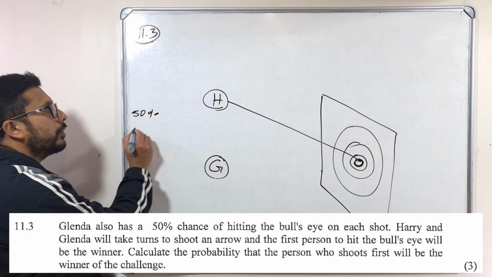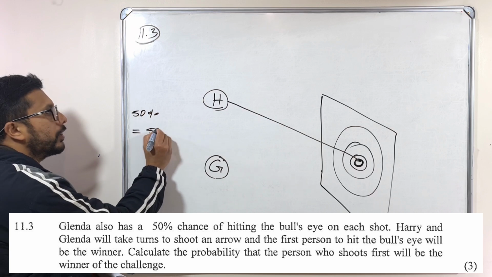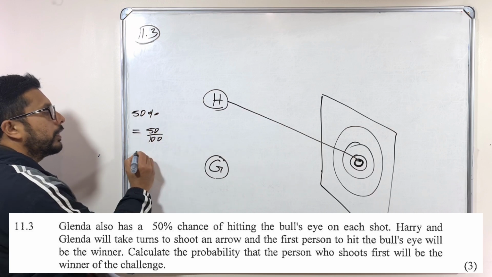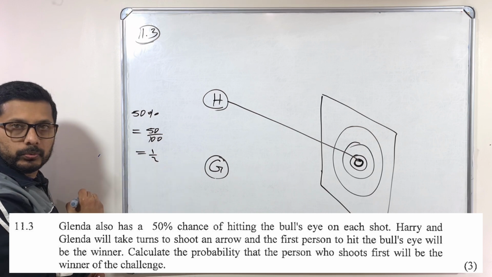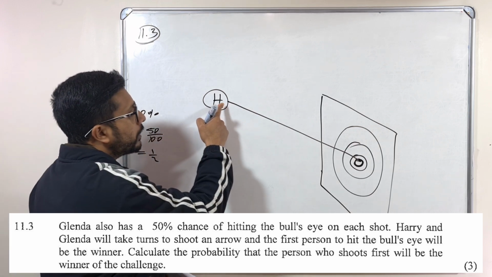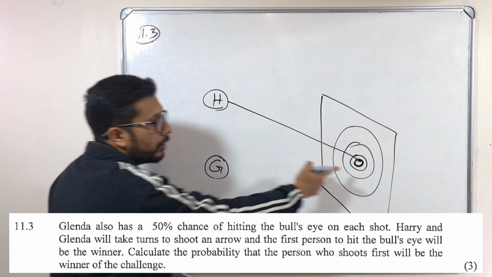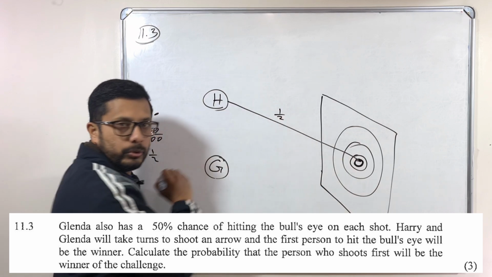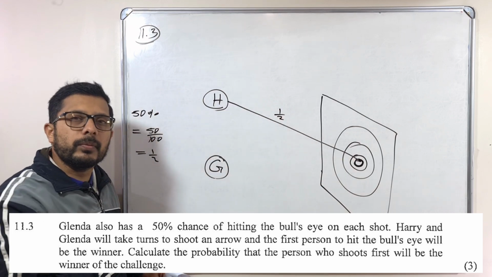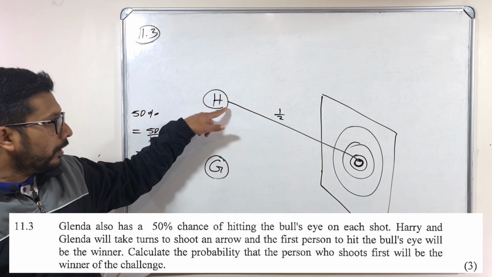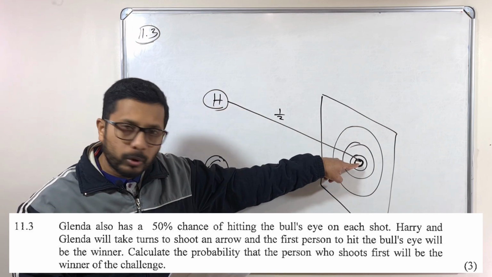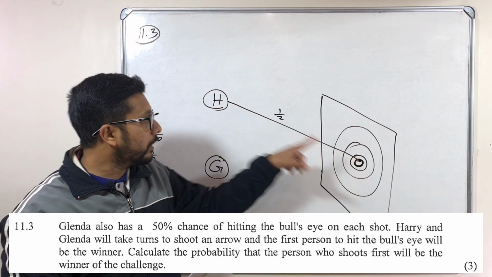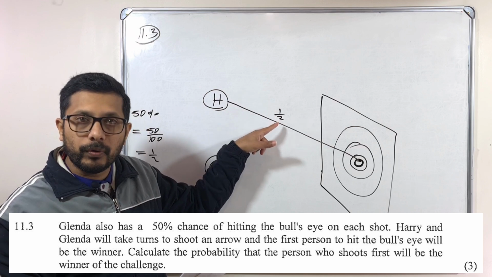50%. You know that 50% is the same as 50 by 100, that is the same as 1 over 2. So what is the chance of Harry hitting the bullseye? That is 1 over 2. What is the meaning of that? Harry shoots the bullseye correctly, the probability is 1 over 2.